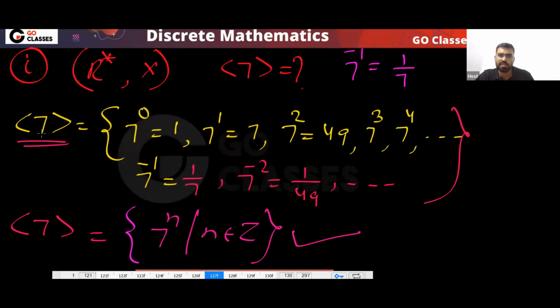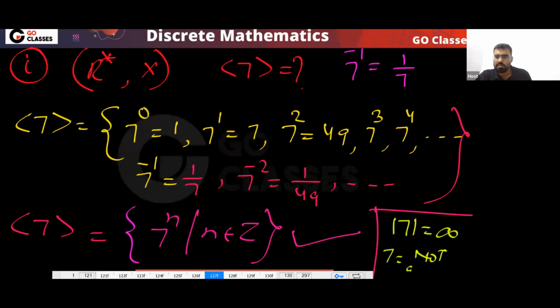So what is the order of 7? The order of 7 is infinite. This is an infinite group, so take care. And this 7 is definitely not a generator.